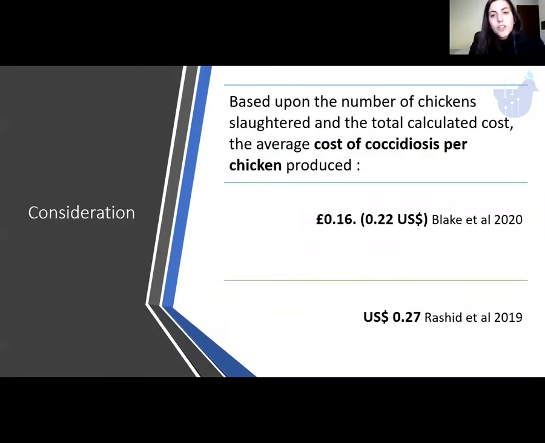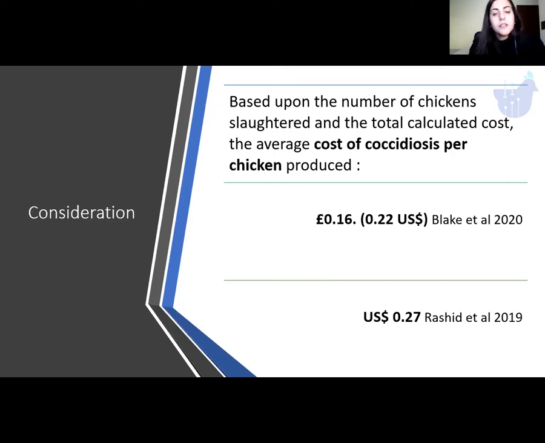As a consideration, I found 2 great recent studies about the cost of coccidiosis per bird. The first one was done by Dr. Blake and the other authors. They estimated 16 pounds sterling, which is around 22 cents cost per bird.